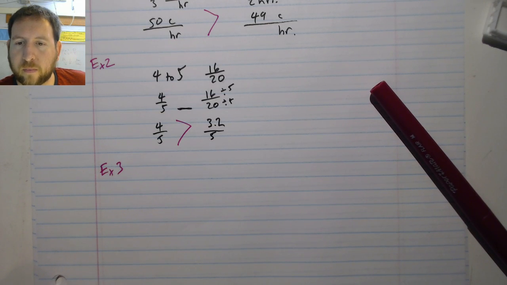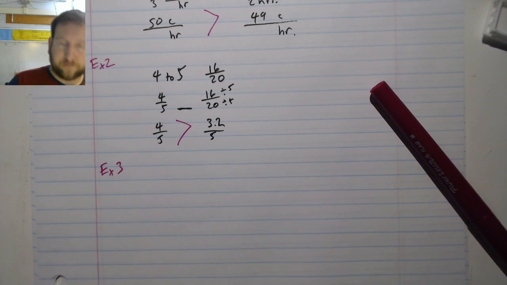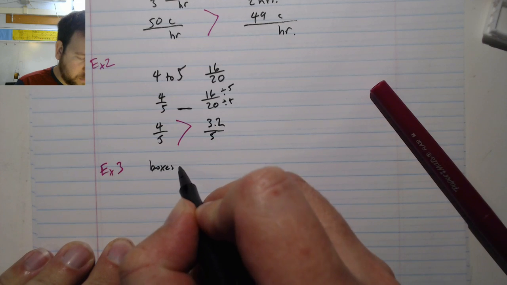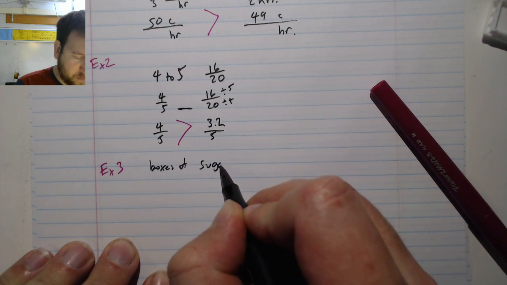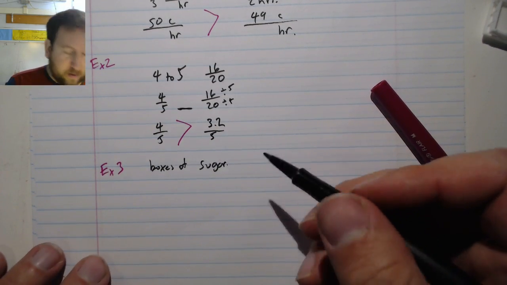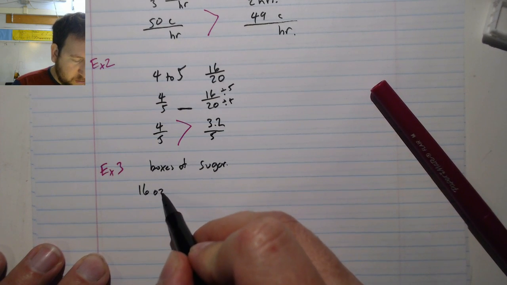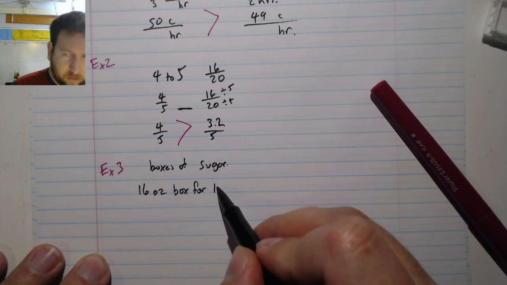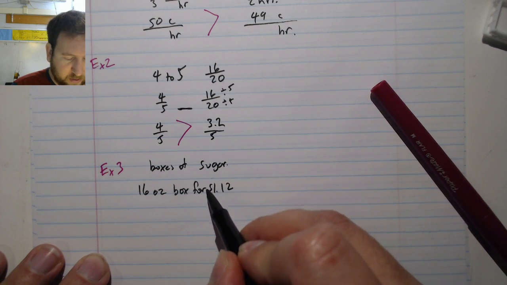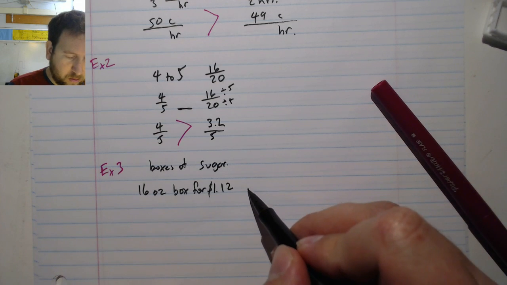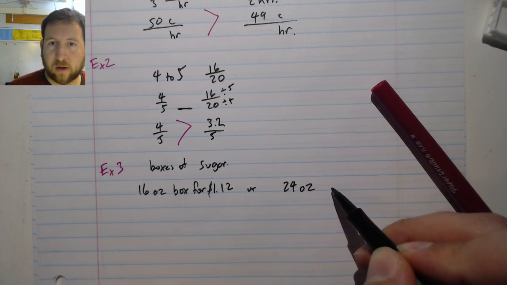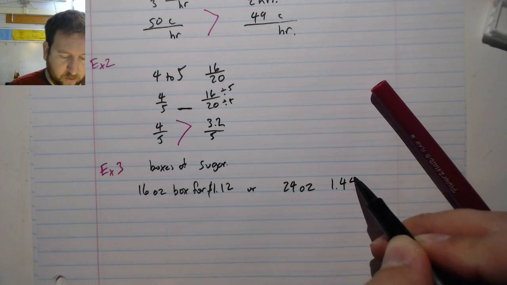All right. Let's see, we have 2 boxes of sugar. We have a 16-ounce box for $1.12, or a 24-ounce box for $1.44.